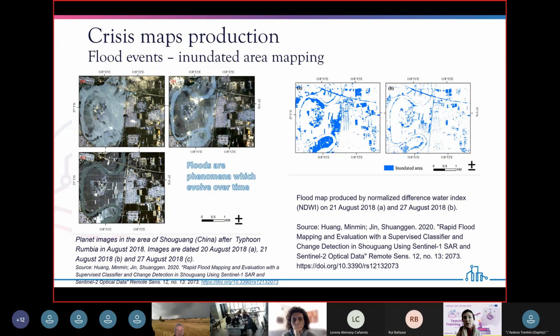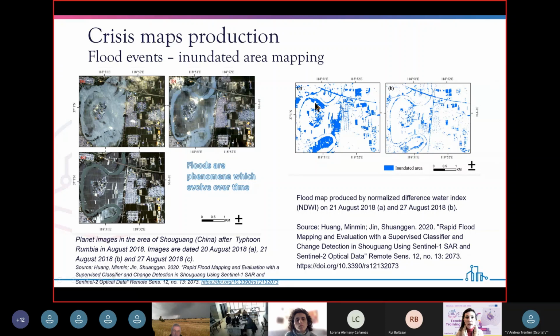Again, what helps the interpretation is, on one side, the visual comparison between the pre- and post-event images, and also, from the spectral point of view, the exploitation of, for example, the NDWI, the spectral index. You can see here on the right how the inundated area was detected over these images thanks to the NDWI.